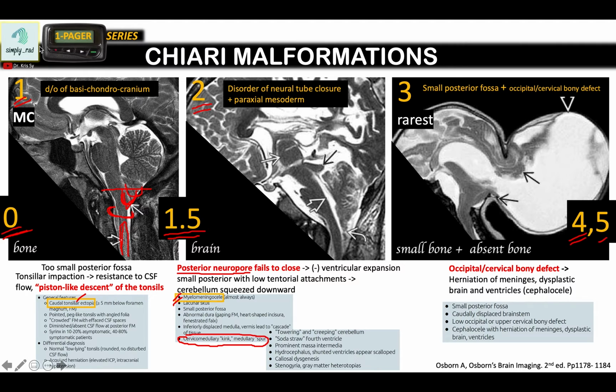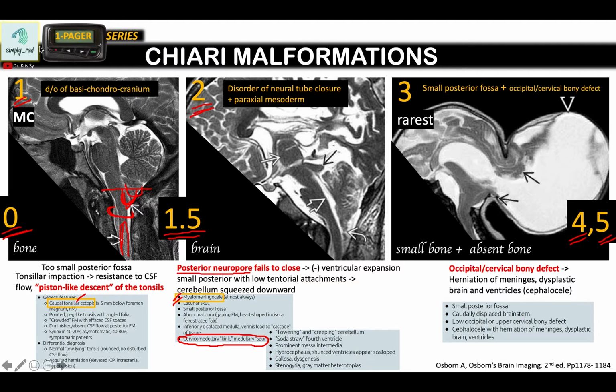Now, what about Chiari 5? Chiari 5 is when you have a Chiari 2 plus you have an occipital or high cervical myelomeningocele.